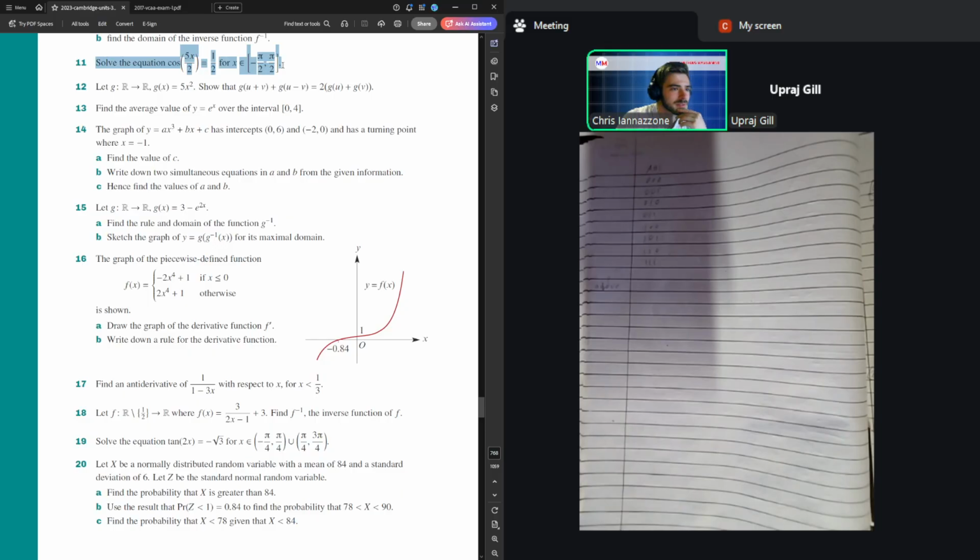Solve circular function from negative pi over 2 to pi over 2. Cos 5x on 2 is equal to 1 on 2.